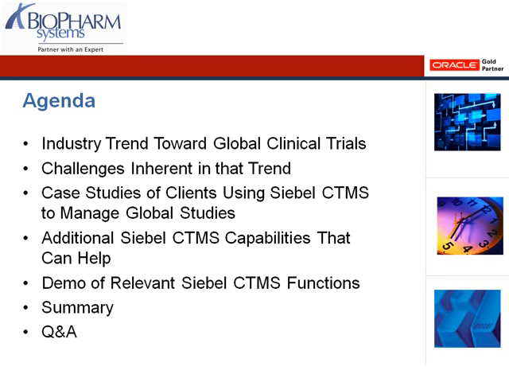Then I'll go into some additional Siebel CTMS capabilities that can also help with global studies. And after explaining some of these features, I'll jump into the system and demonstrate some of these features live so you can get a feel for the capabilities available. And then I will summarize, and then we'll open it up for question and answer.